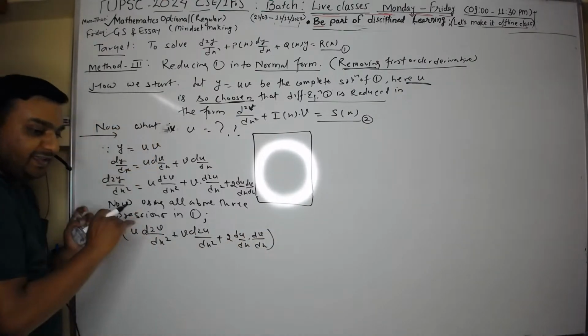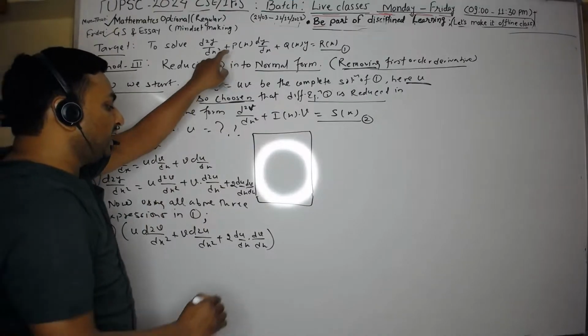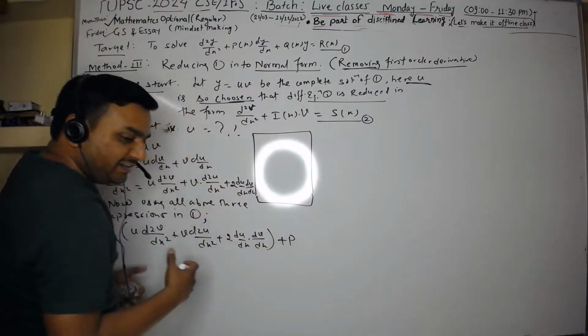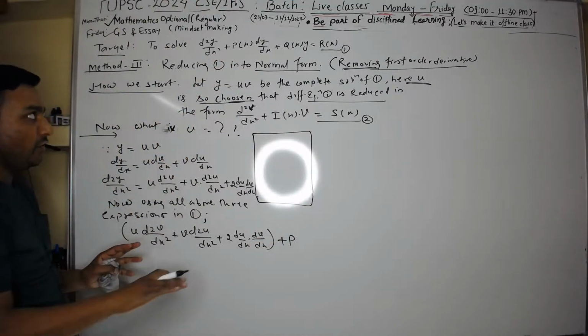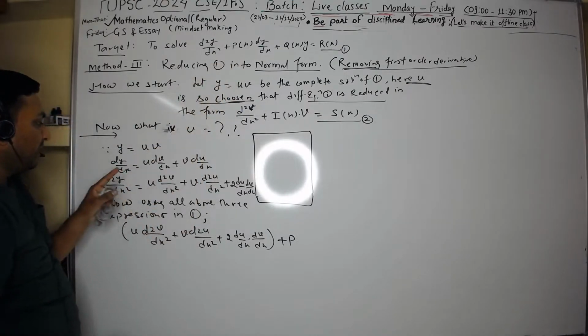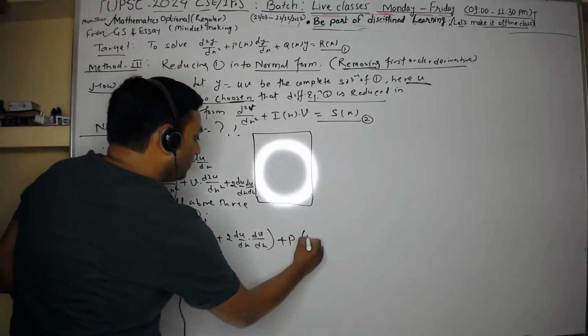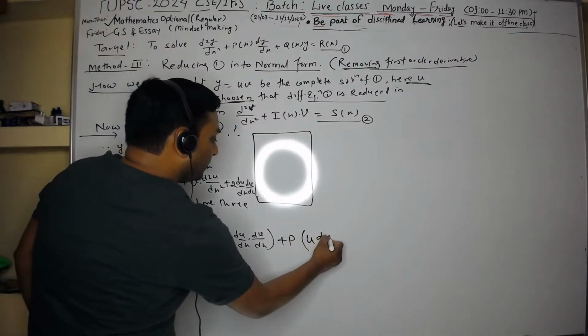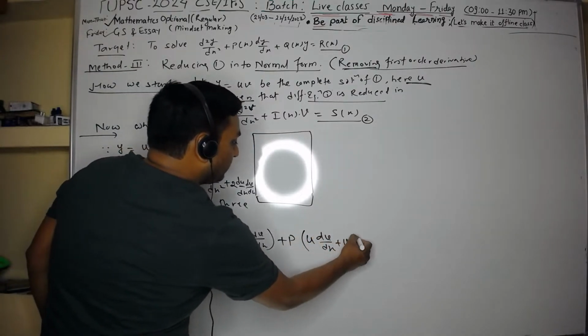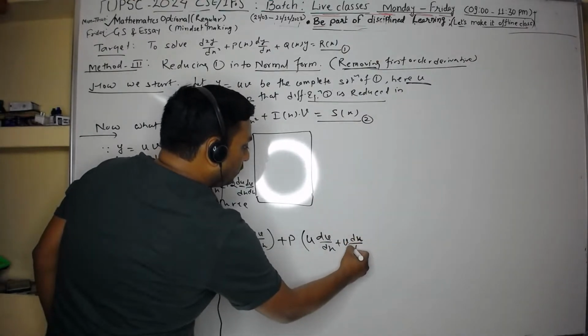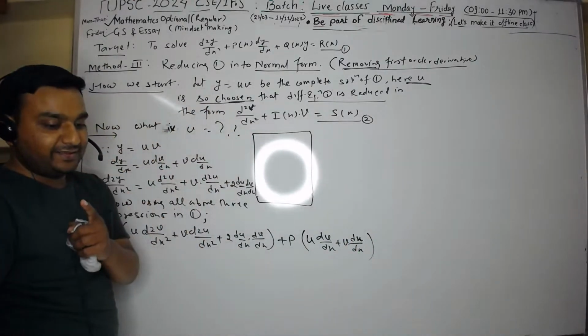Next step, p into, in short, let's write p. It is a function of x that we will remember. p into dy over dx. What is dy over dx here? u into dv over dx plus v into du over dx.